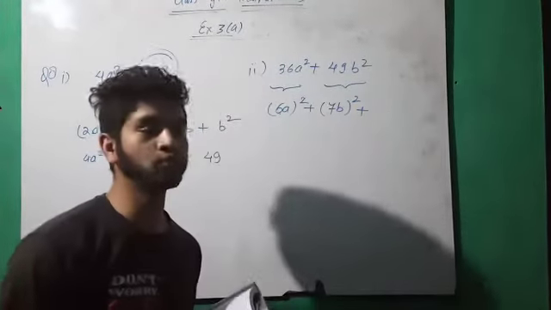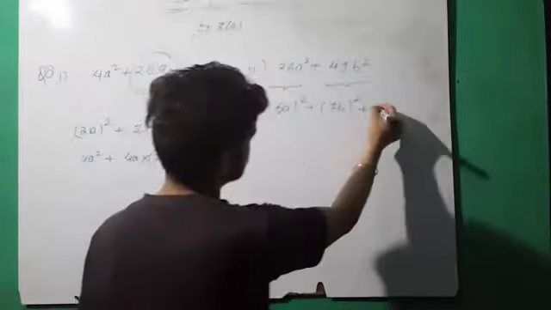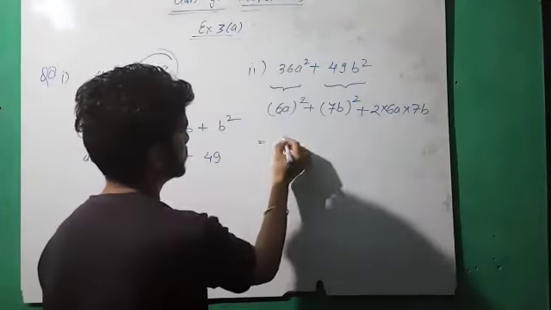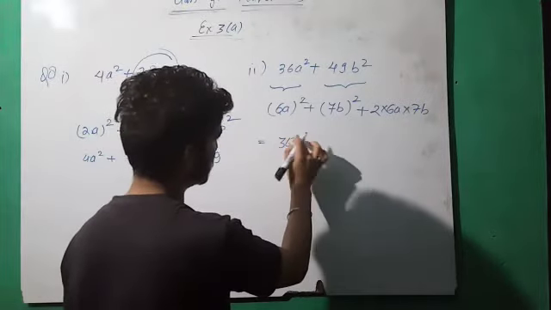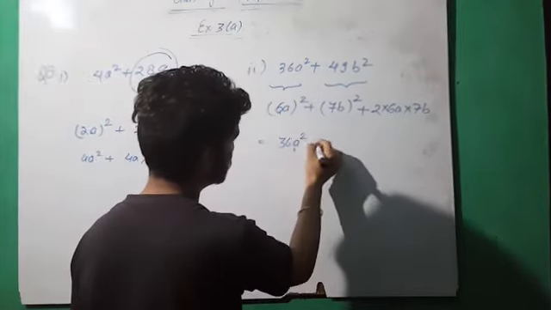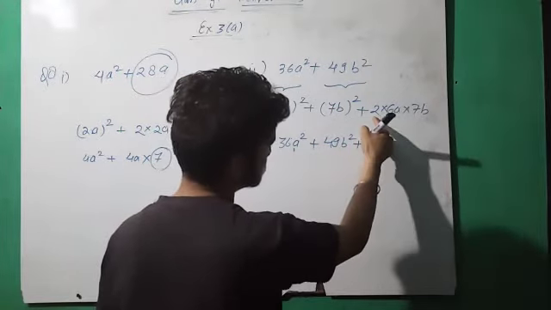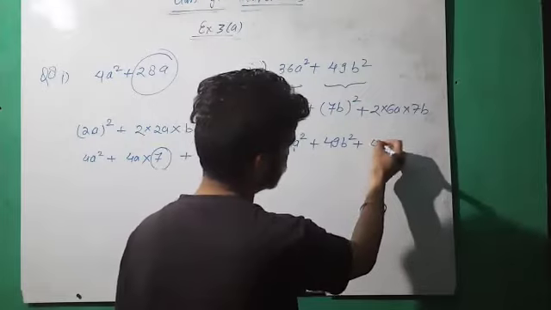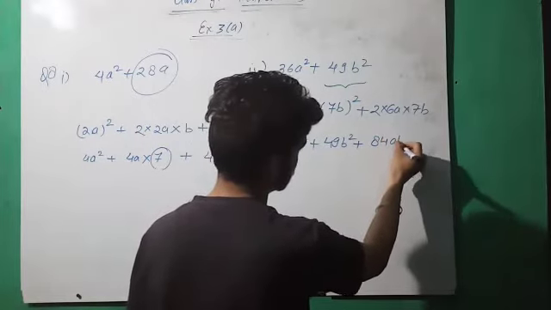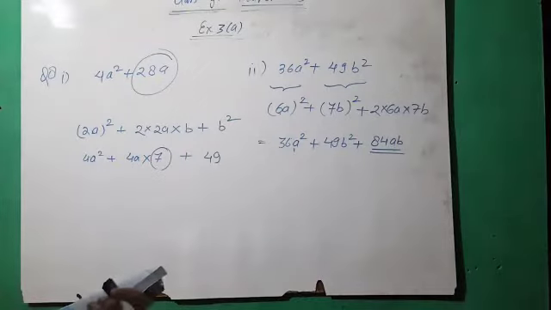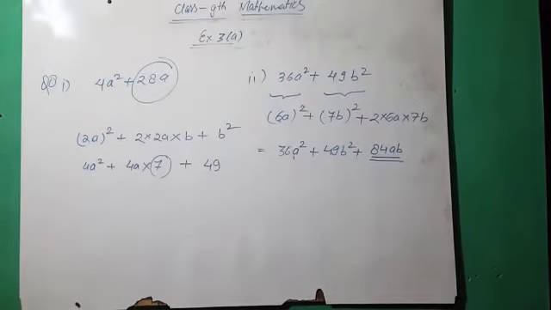So what is the 2ab term? 2ab term is 2 into 6a into 7b, so this is 84ab. So we have to add this term in this expression, 84ab. Now next part.